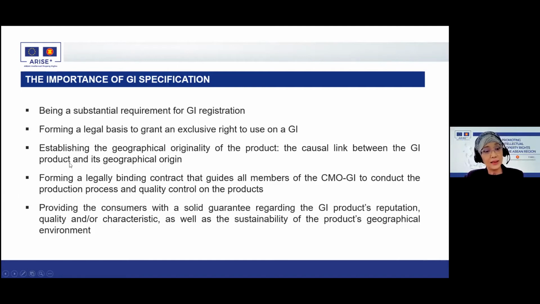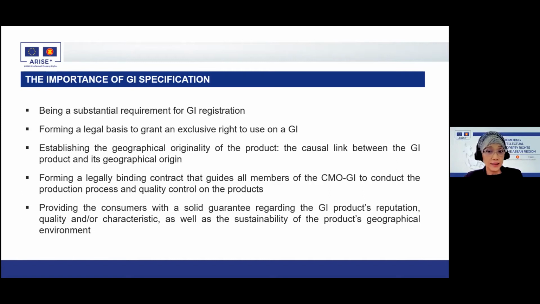So what's the importance of a GI product specification? Firstly, as we all know now, it is a substantial requirement of GI registration, because the exclusive right of a GI can be obtained through registration. We call it a constitutive basis rather than a non-constitutive basis.